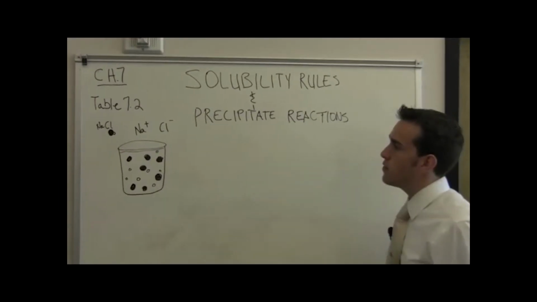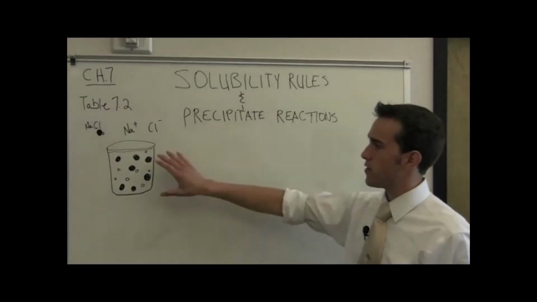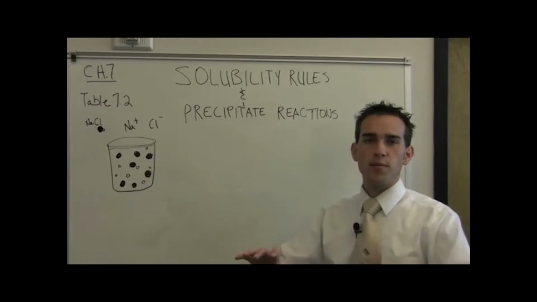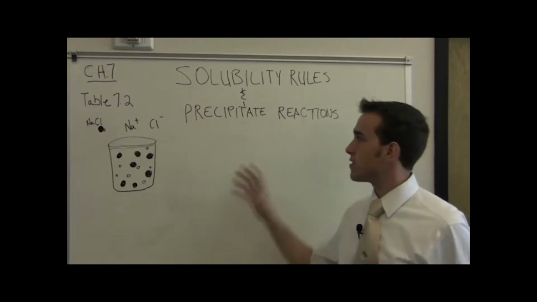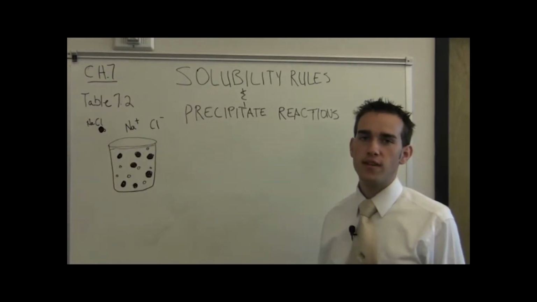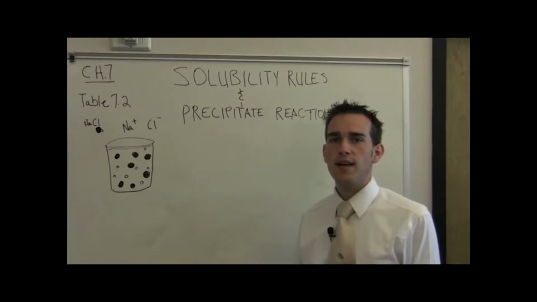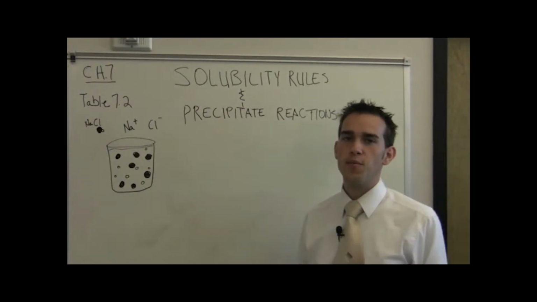And this becomes really important when you start to do things with precipitate reactions. If you have 2 solutions that are dissociated like this, 2 clear solutions, and you pour them together, based on the solubility rules and what you know about solubility, you'd be able to say, oh, there will be a precipitate formed, or there won't be.